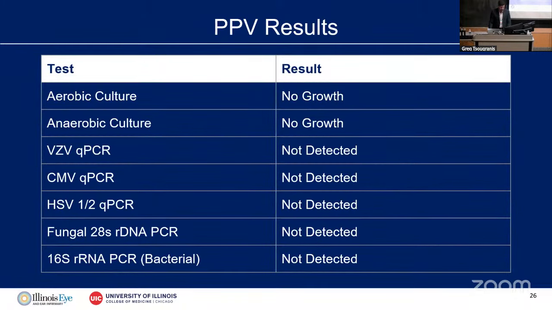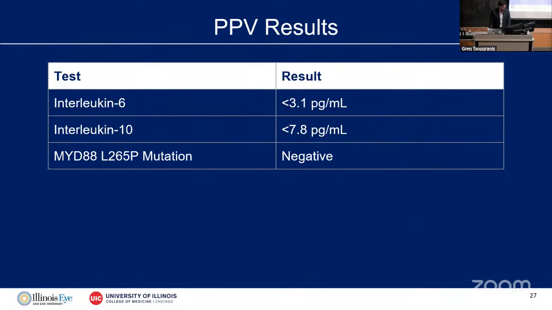Here I've included some of the lab tests from the diagnostic pars plana vitrectomy. Notably, the infectious workup was all unremarkable. I've also included the fungal 28S rDNA and the 16S rRNA. Those are basically markers for fungi and bacteria, respectively. I won't delve into too many details since Nina already discussed the interleukin 6 and interleukin 10, as well as the MYD88.